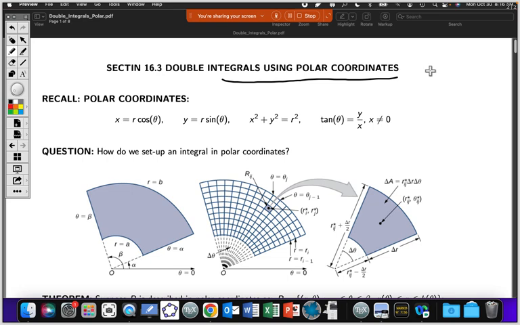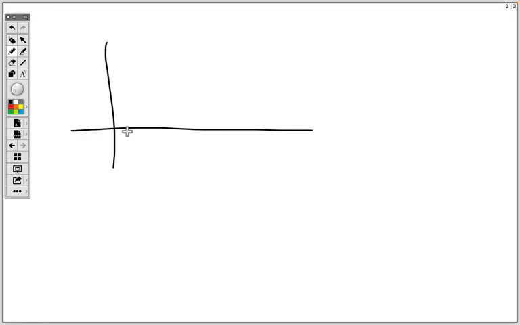On the polar coordinate conversion for double integrals, we've got the standard x and y conversions, which really come from the picture that you can have in your head about this.